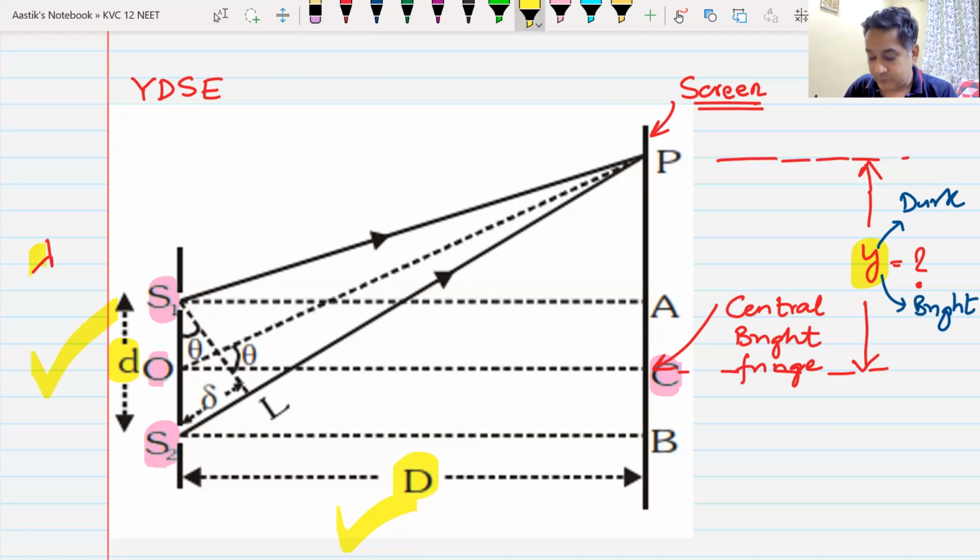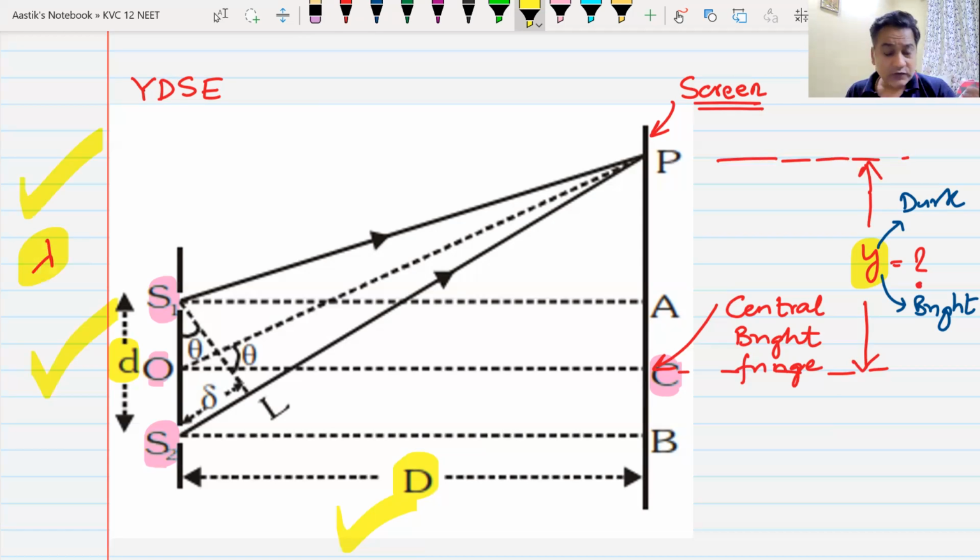What we want to find out is the value of y for which we have dark or bright fringes. Do we understand this?